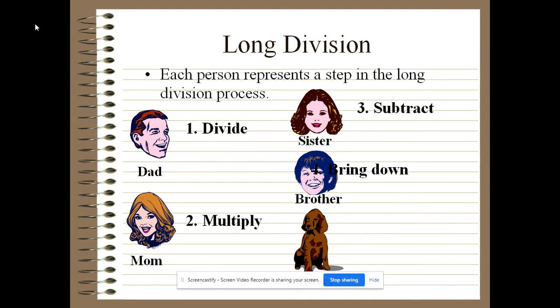Brother is bring down. And we'll get into exactly what that means here in a second. And then Rover stands for one of two things. It stands for either repeat or remainder. So you need to remember these steps, and these steps always come in this order: 1, 2, 3, 4, and 5. If you know these, you're in good shape to divide.